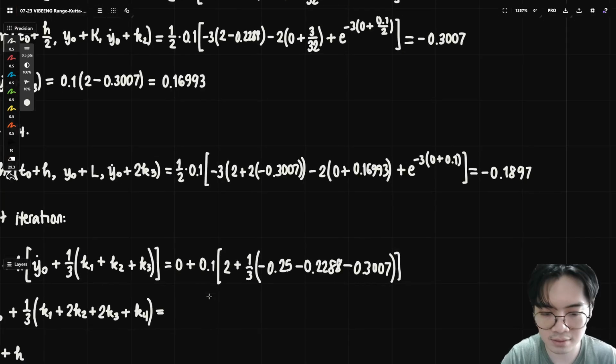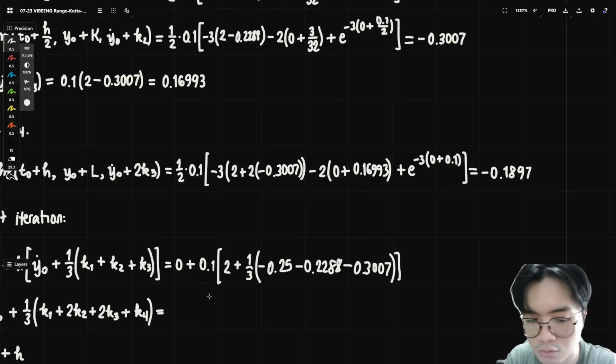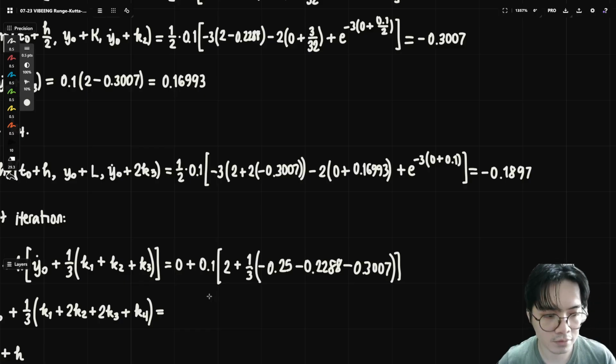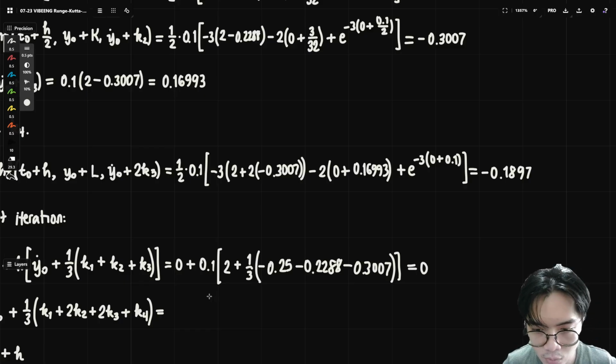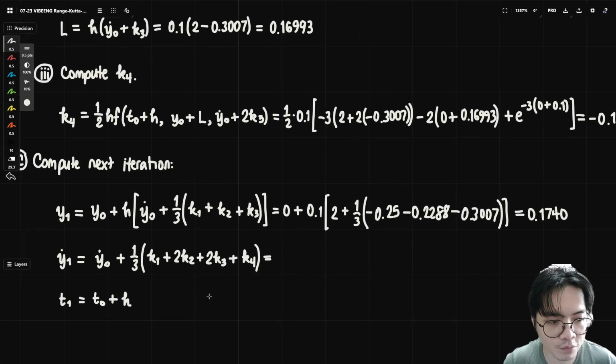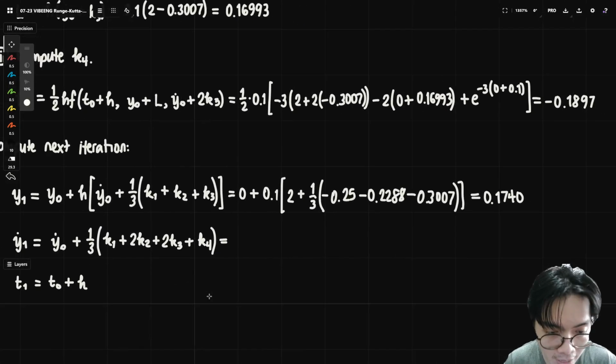So it's that 0.1 times 2 plus 1/3, negative 0.25, negative 0.2288, negative 0.3007. We will have 0.1740.